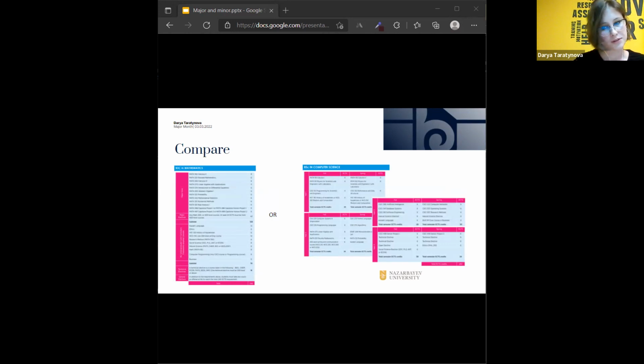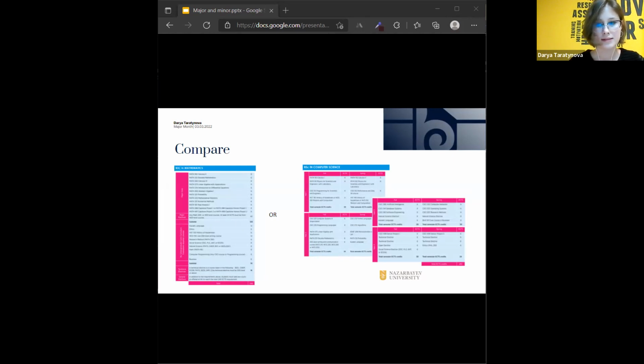While choosing a major, I had two choices between mathematics and computer science. After a careful analysis of curriculum and communication with senior students, I concluded that mathematics will give me more flexibility and more options and more opportunities to get required hard skills.